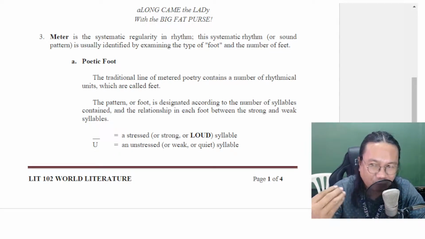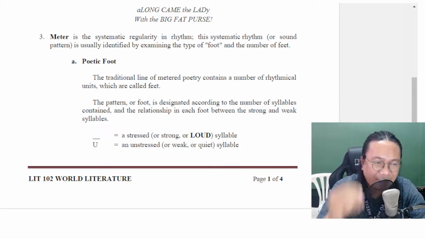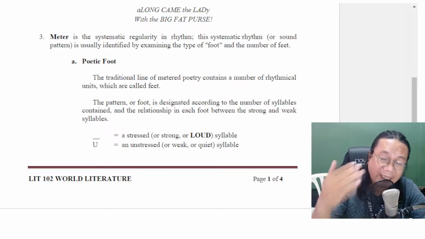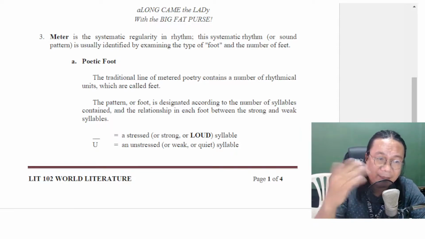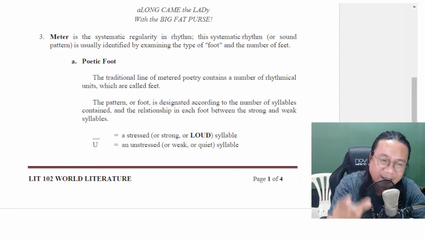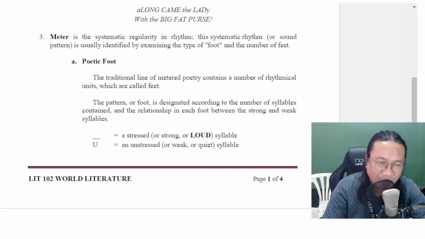Ano nga ba itong foot pagdating sa poetry? A foot is a traditional line of metered poetry containing a number of rhythmical units, which we call foot or feet. And these are the building blocks of your poem.